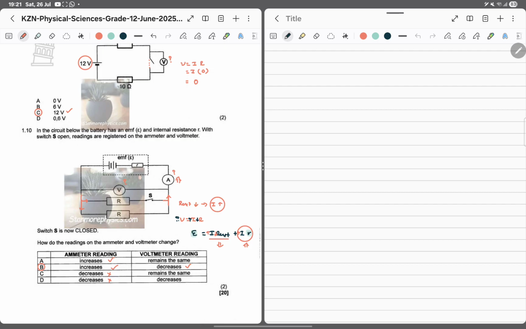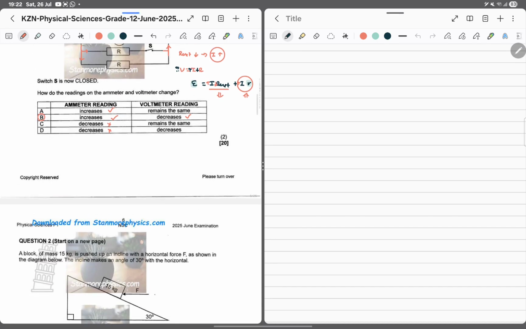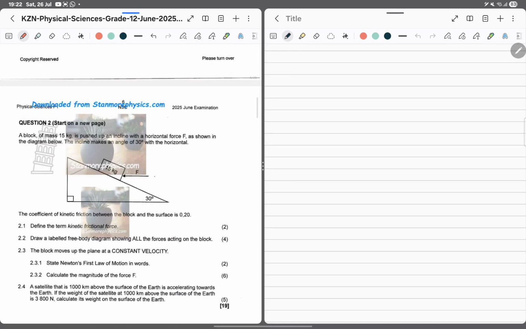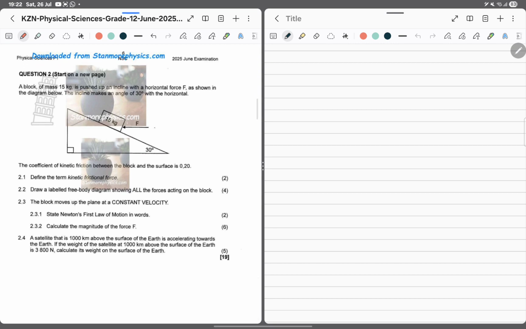Sometimes you can go there to remember something if you can't answer an MCQ question related to that, or use the MCQs if you were able to answer that, to then try and figure out how to answer that question in the long structured questions. Anyway, that should be easy. Now let's move on to question 2.